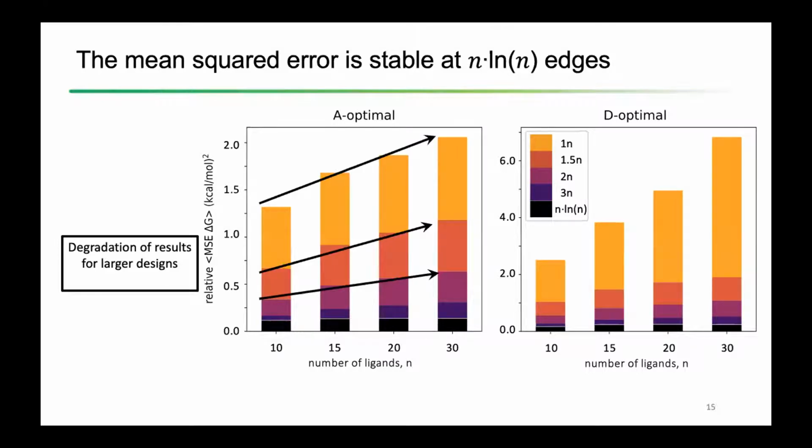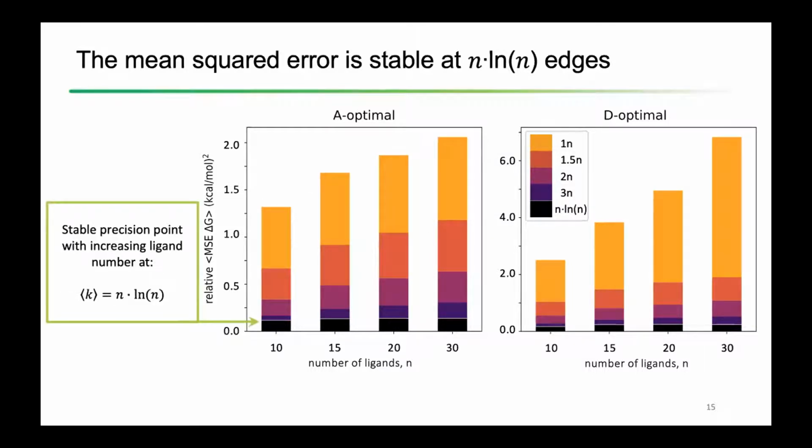So if you have a study where you invest a lot of money to say simulating for 100 different ligands, and you only had 100 edges, you'll get rather poor performance, and you could be throwing your money at the problem in a way that won't give you precise results. If, on the other hand, you simulated n natural log n number of edges, we find this stable precision point that stays constant as designs get larger.